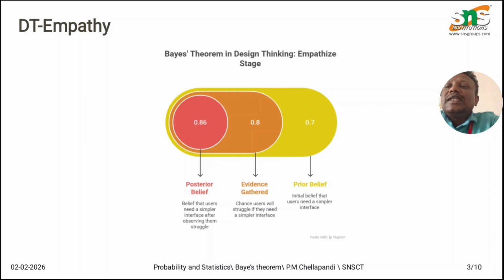Okay, now let us use the empathy concept to understand this even better. So here I have a question: why do we need Bayes theorem? Let us think about a real situation. Suppose a medical test result is positive. Does that mean the person definitely has the disease?